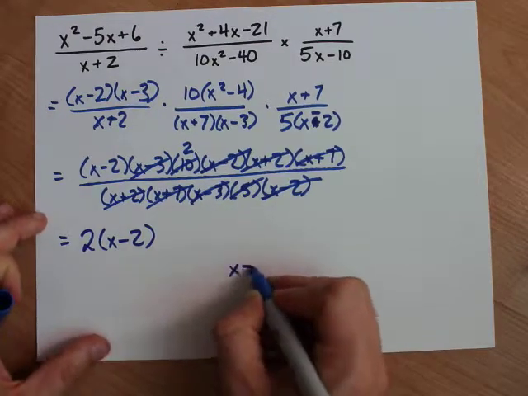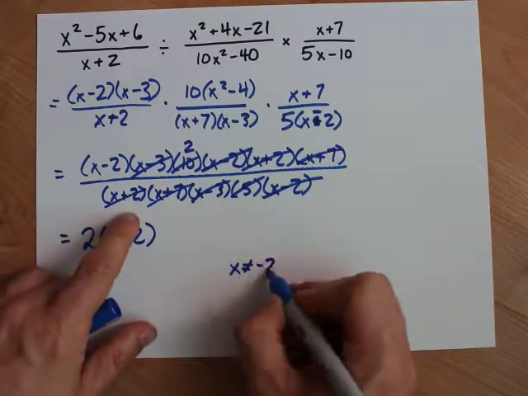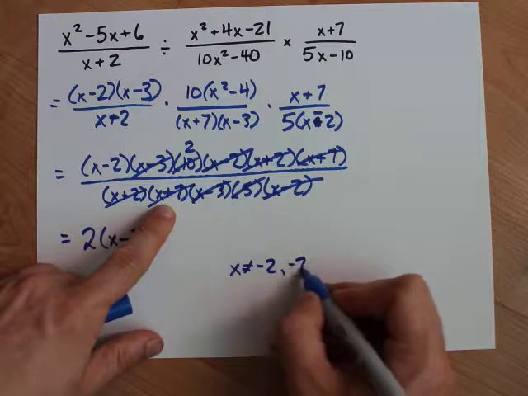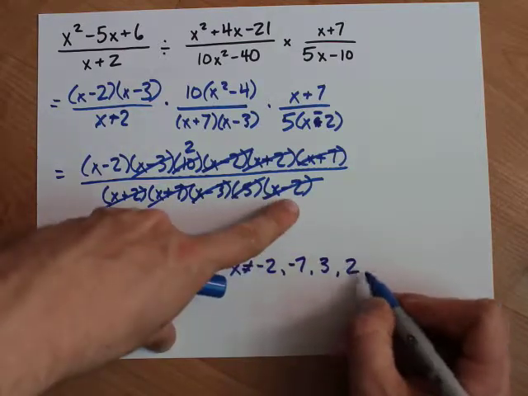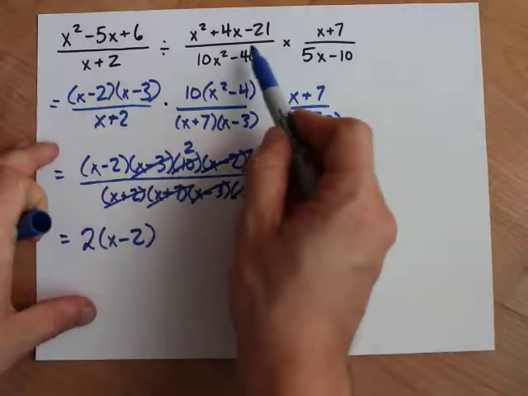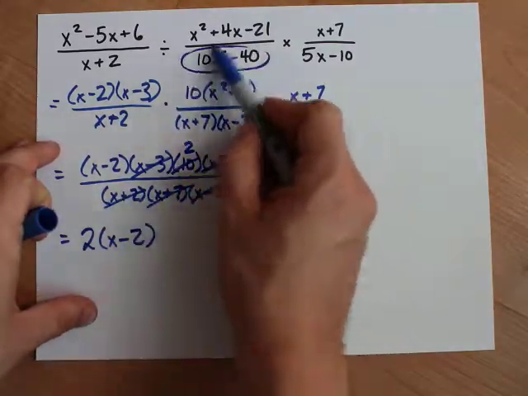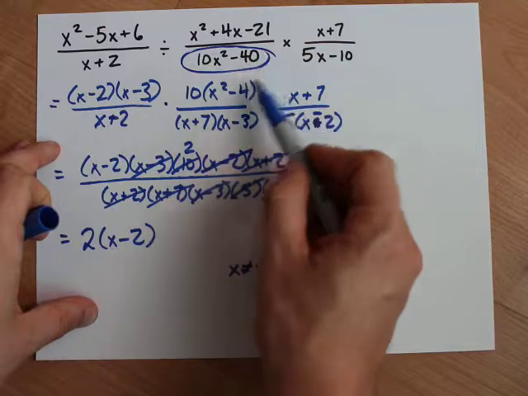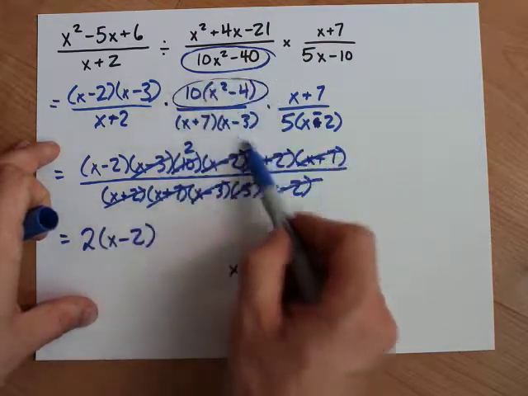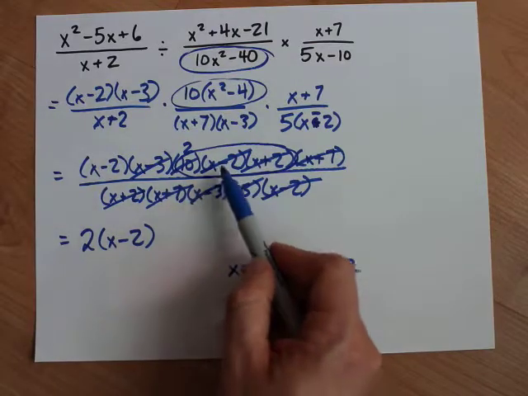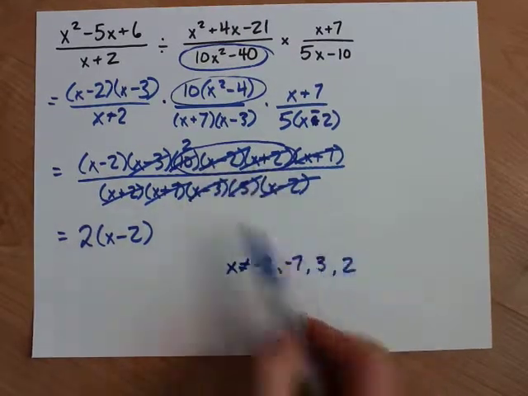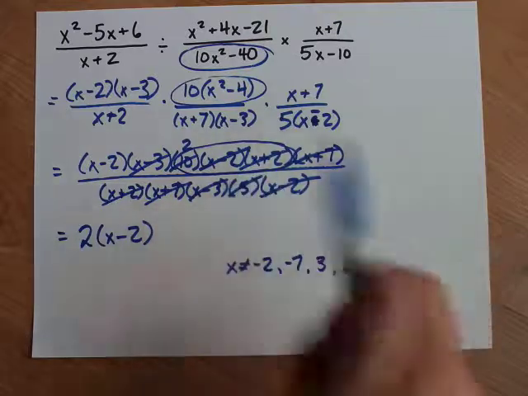I'm going to state restrictions for good measure. X can't have been negative 2, or negative 7, or positive 3, or positive 2. And actually, because this thing was on bottom originally, I have to be careful that I'm also accounting for its restrictions. Its restrictions that were carried forward would have been positive 2 and negative 2, which are already accounted for, so that's good.